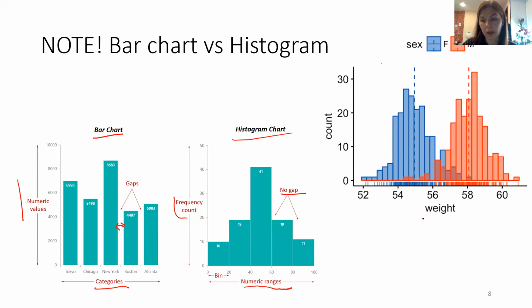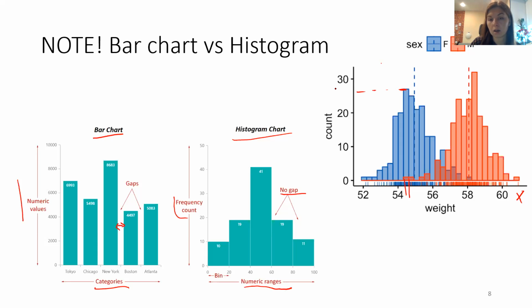In this example, we have weight as the numeric range on the x-axis, and count how many patients from this group are in this range.